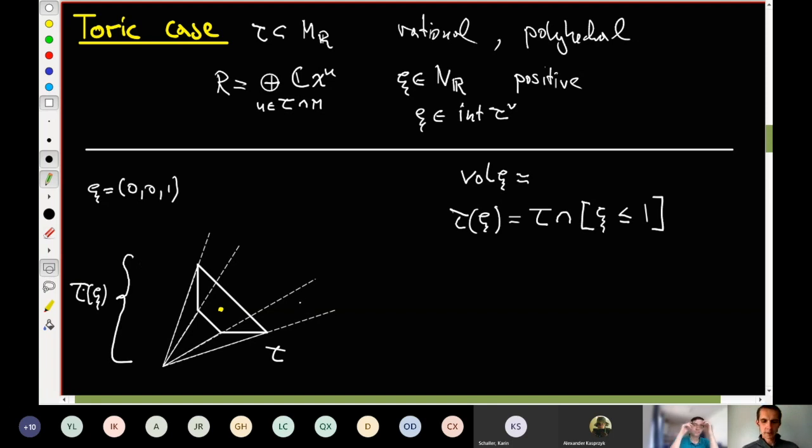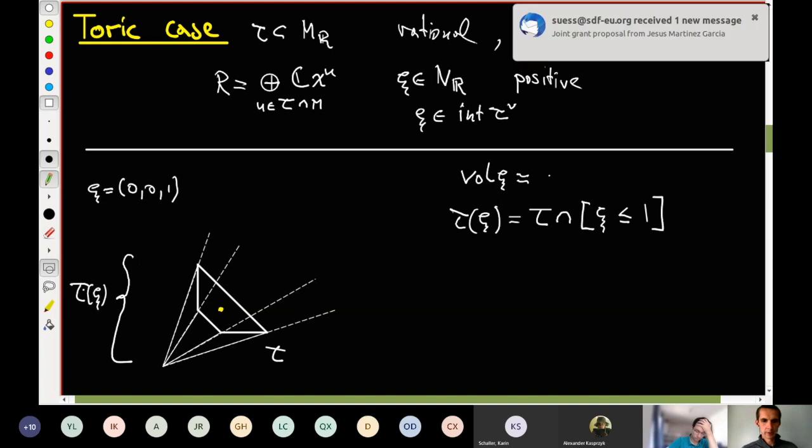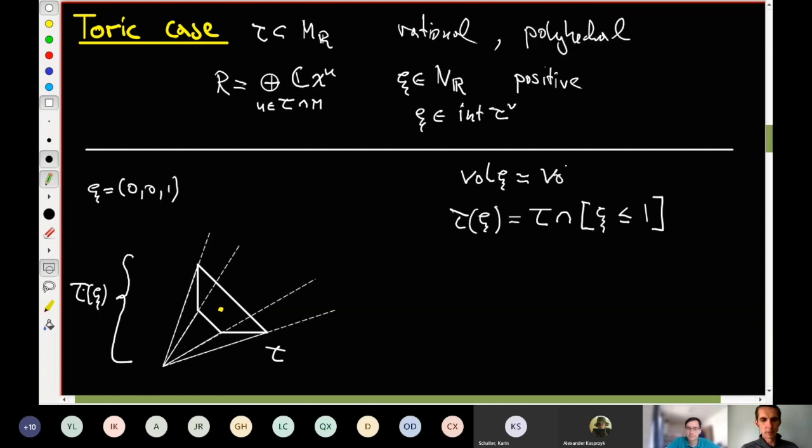And now it's an observation that the volume of xi is just the volume of this truncated cone. It's actually not too hard to see this.